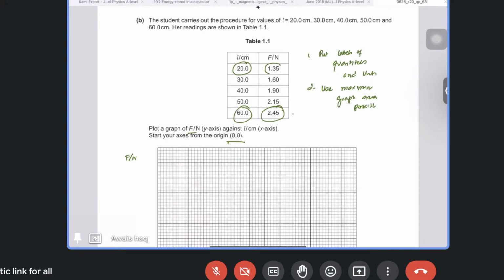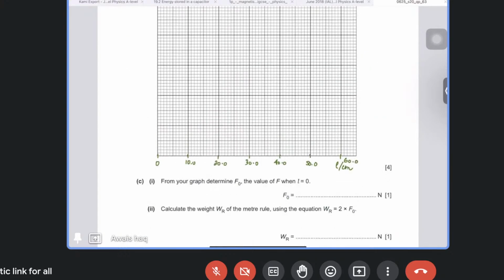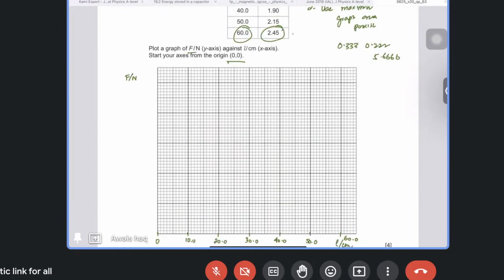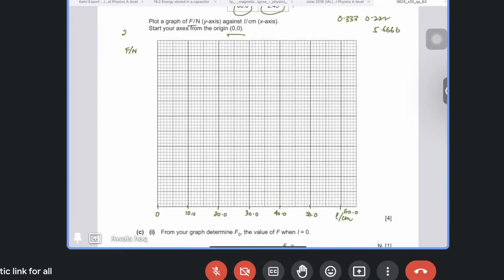Now, awkward scaling is really bad, like you shouldn't take 0.33, 0.222, 5.6666. Do not take it like this. All right, you have to take normal numbers. So let me tell you how. You have to go to 2.45, so we take almost 2.50, and we have 1 2 3 4 5 boxes, right? So what we can do is manage it in steps of 0.5 every time.